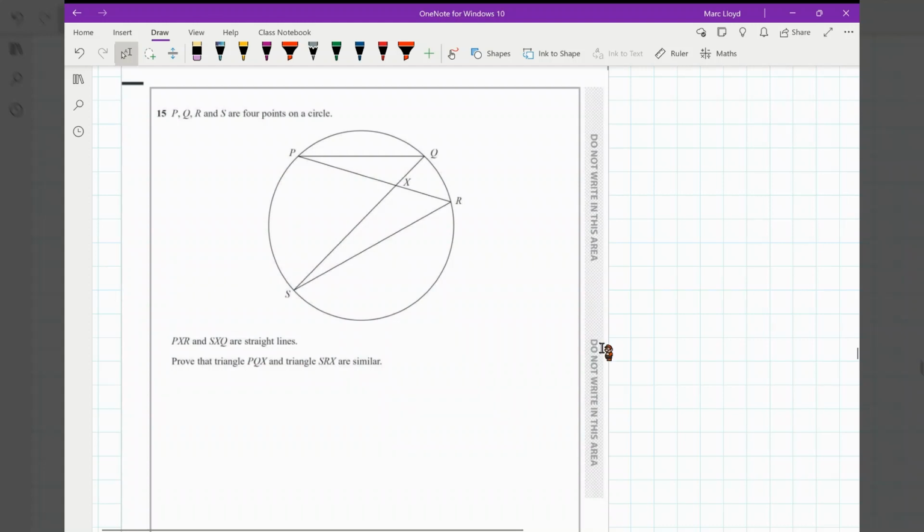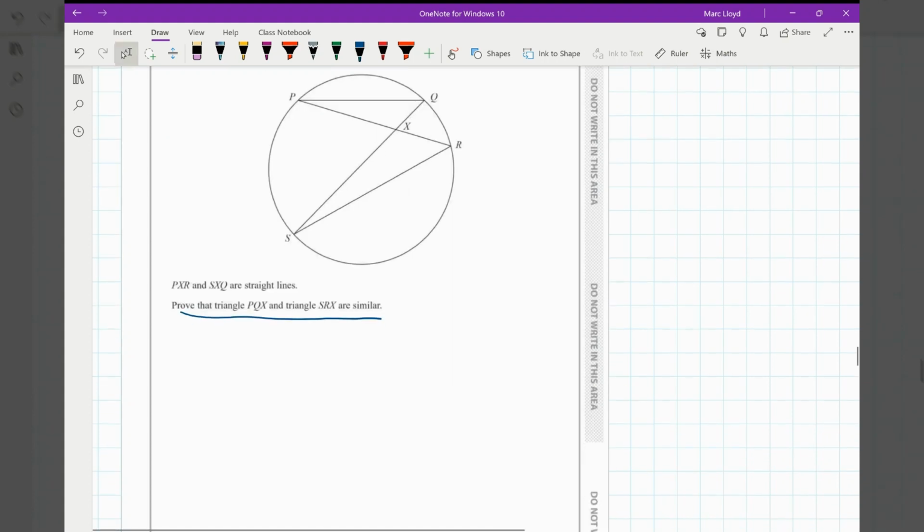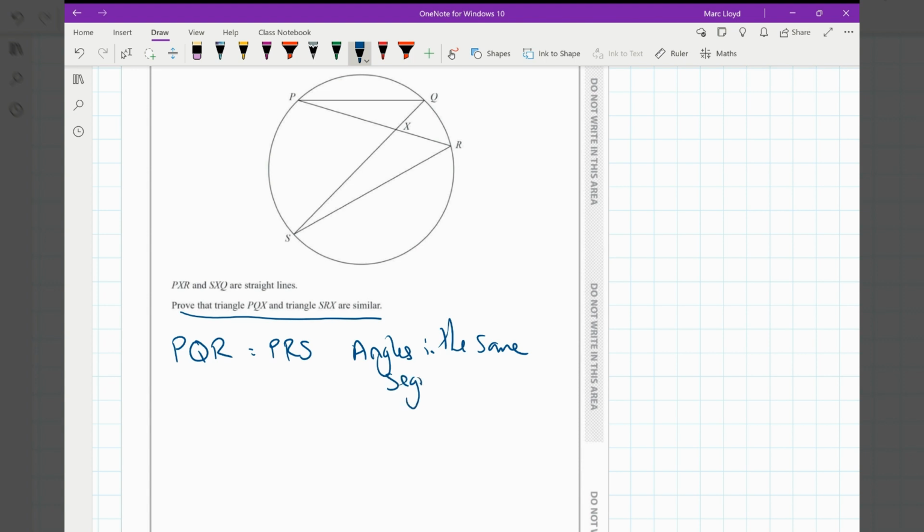Question 15. So we have got two triangles and we need to prove that they are similar. So when we're doing this mathematically, we need to describe the angles using 3 letters, and the middle value will be the point where that angle is. So PQR is equal to PRS, and that's because angles in the same segment are equal.